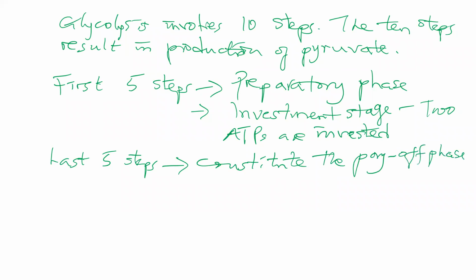In the payoff phase, this is where we are actually harvesting the ATP. Those are the 10 steps. Now, let's look at the individual 10 steps of glycolysis one by one. So let's start with step number 1.